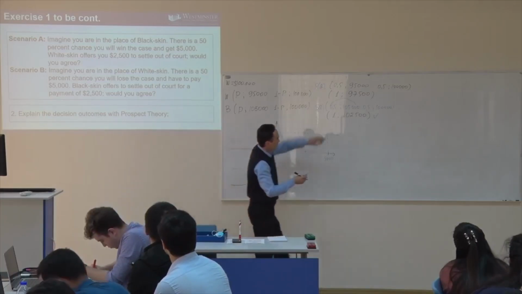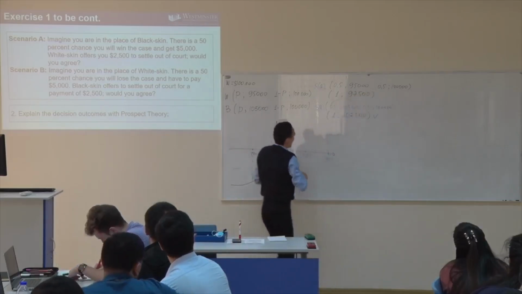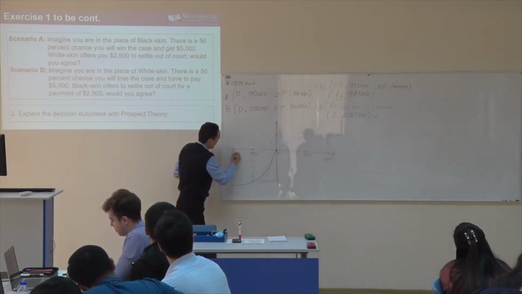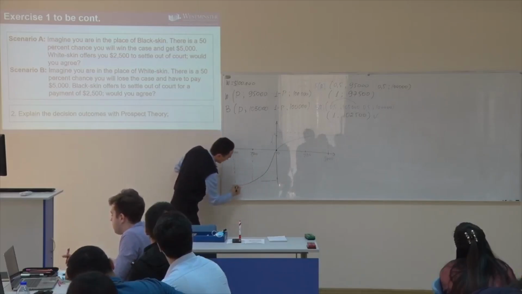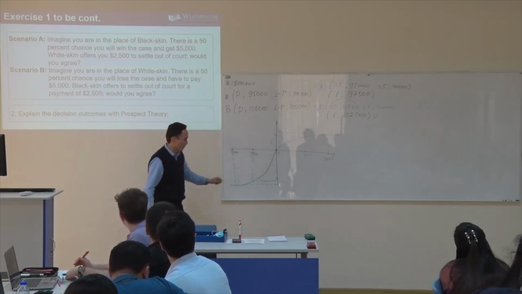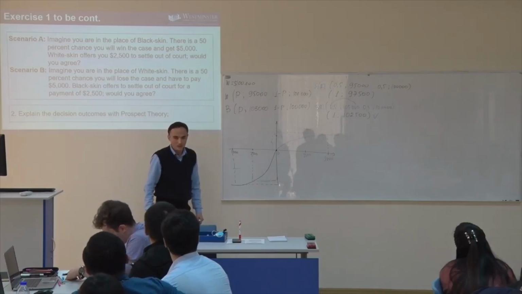And now he can pay it. But if he is going to risk, okay, now the worst scenario is he is going to lose 5,000, right? And because it's now convex, it will increase a little more disutility. All right?